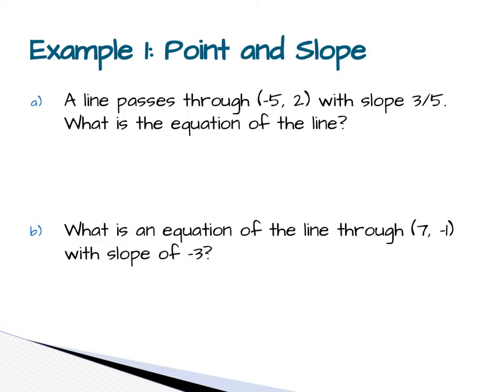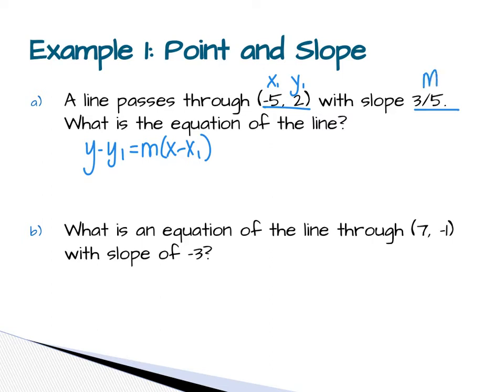For example 1, we are given a point and the slope, so we're going to use point slope form, which is y minus y1 equals m times x minus x1. And the y1 and x1 again are the coordinates of the point, and then slope of course is m.